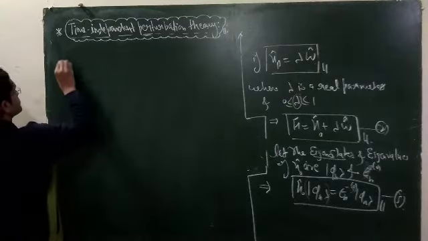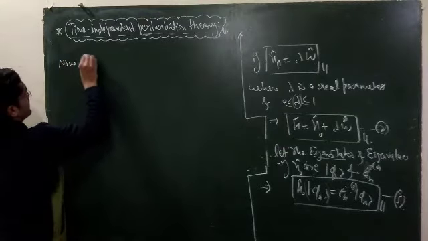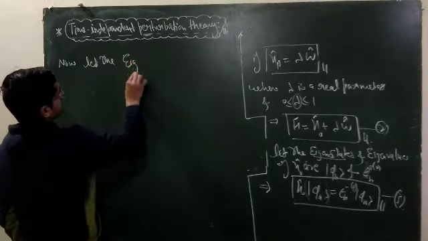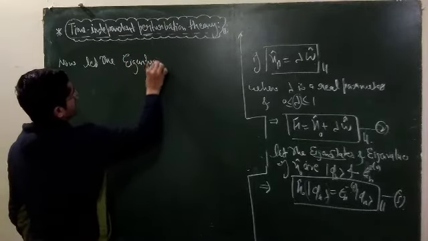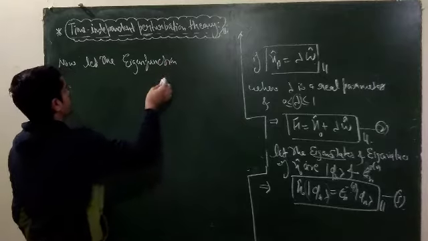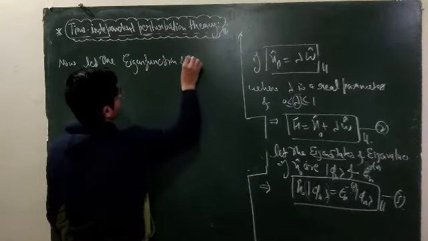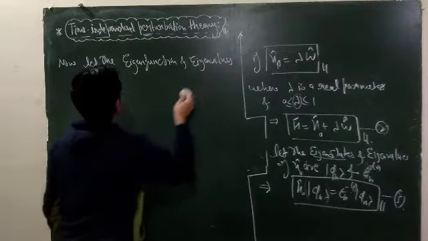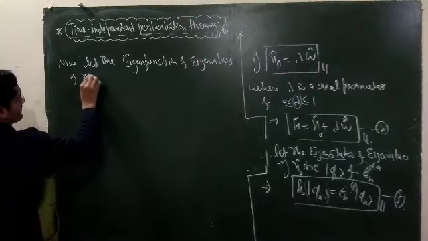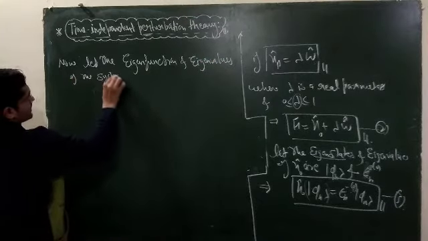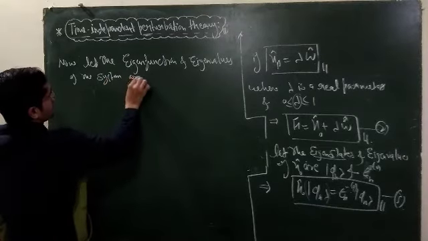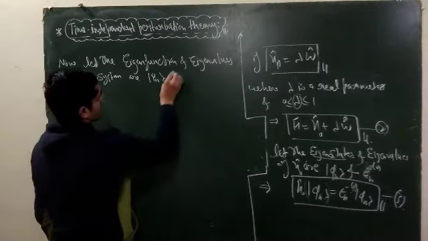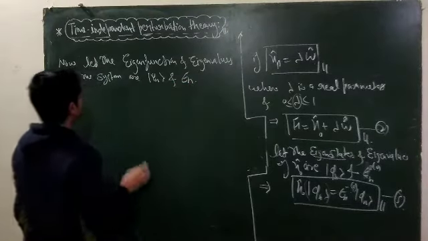Now let the eigenfunctions or eigenstates, whatever you want to call them, and eigenvalues of the system that we are considering be psi n and En.